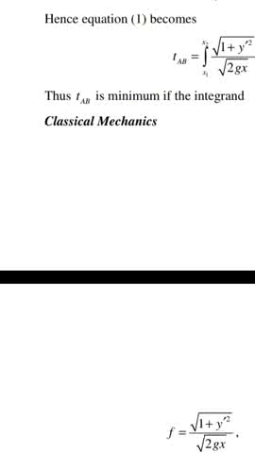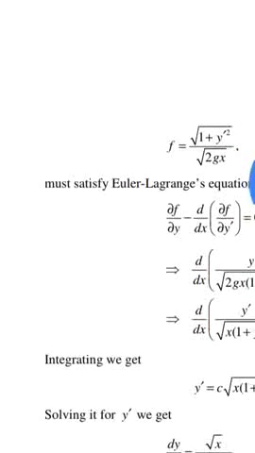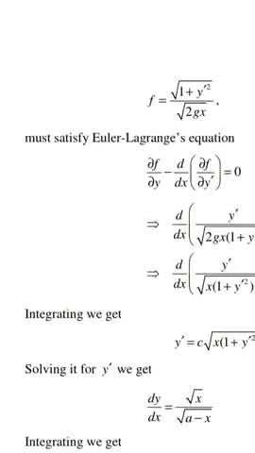Thus, t_AB is minimum if the integrand f = √(1 + y'²)/√(2gx) satisfies the Euler-Lagrange equation ∂f/∂y − d/dx(∂f/∂y') = 0. Here the y term is absent, therefore ∂f/∂y is equal to 0.